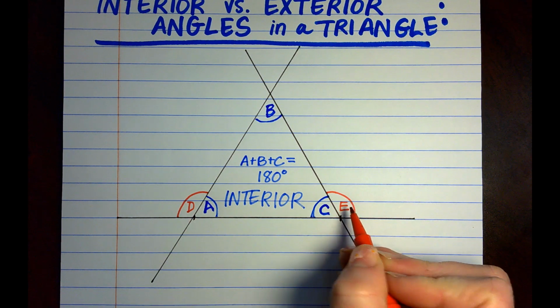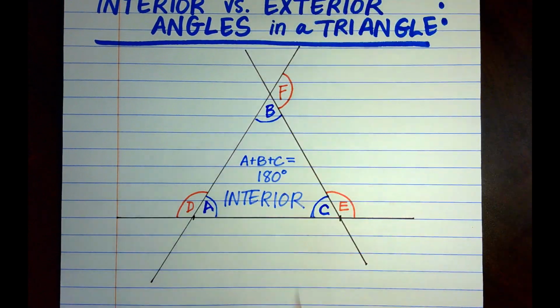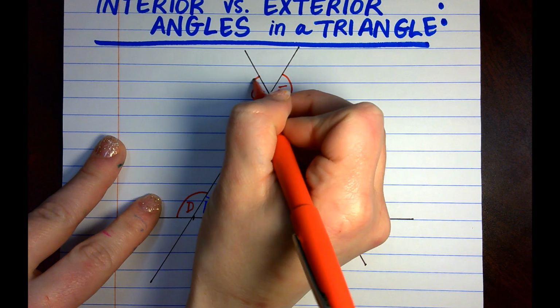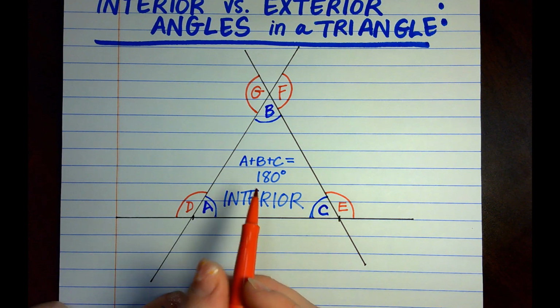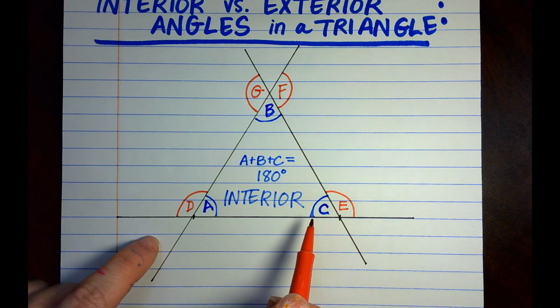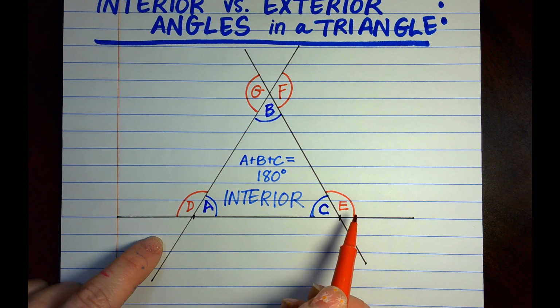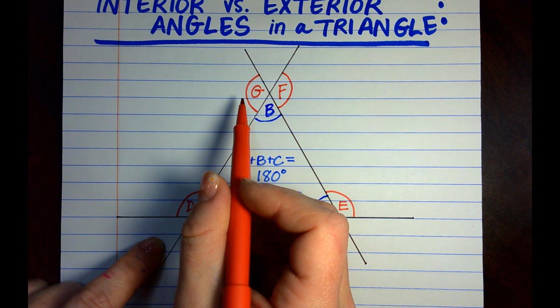D, E, let's call this one F, to the right of B. Let's call this one G, vertical from F. Okay, so we have A, B, C on the inside. Bit of a wonky order, just kind of following yesterday's. We did D next to A, we did E next to C, we did F to the right of B, G to the left of B.